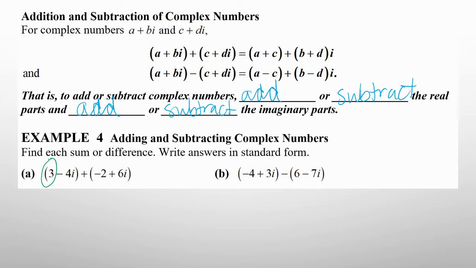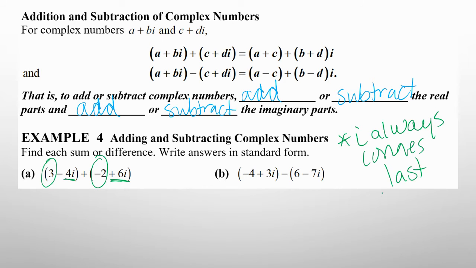So our like terms, we have 3 and negative 2, and then negative 4i and 6i. Don't forget, i always comes last, unless we have a radical.